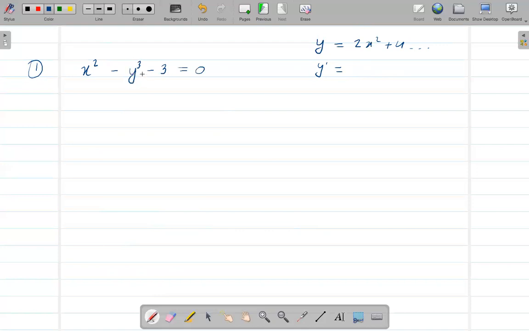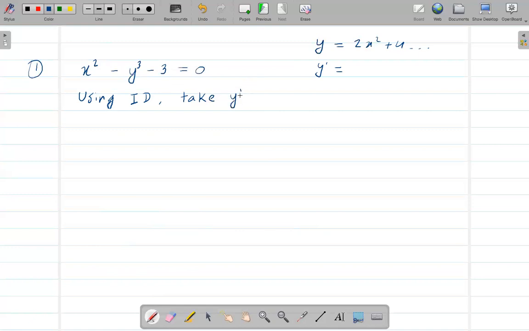So this is where implicit differentiation is used. All right, so using implicit differentiation, I need to take y prime.